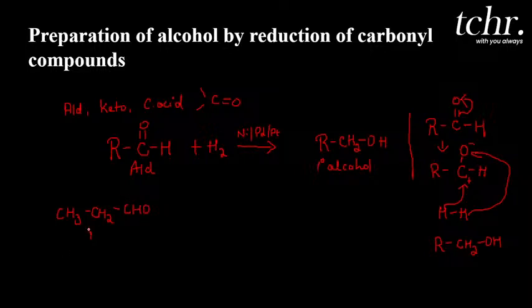Yes, it is propanal. Now I have to reduce propanal to get alcohol. So let us observe how the reduction takes place. That is by addition of hydrogen in the presence of finely divided metals like nickel, platinum or palladium catalyst.